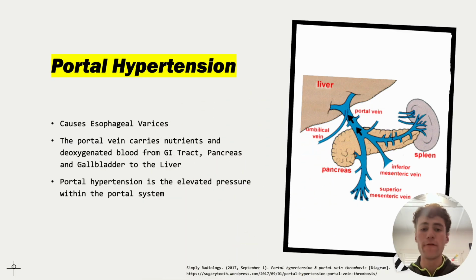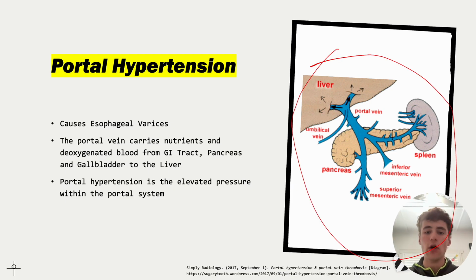Alrighty, so esophageal varices will occur due to portal hypertension. Now normally the portal vein, as depicted in this image here, will carry nutrients and deoxygenated blood from the GI tract, pancreas and gallbladder to the liver. However, if portal hypertension is occurring, then blood cannot flow through the liver.